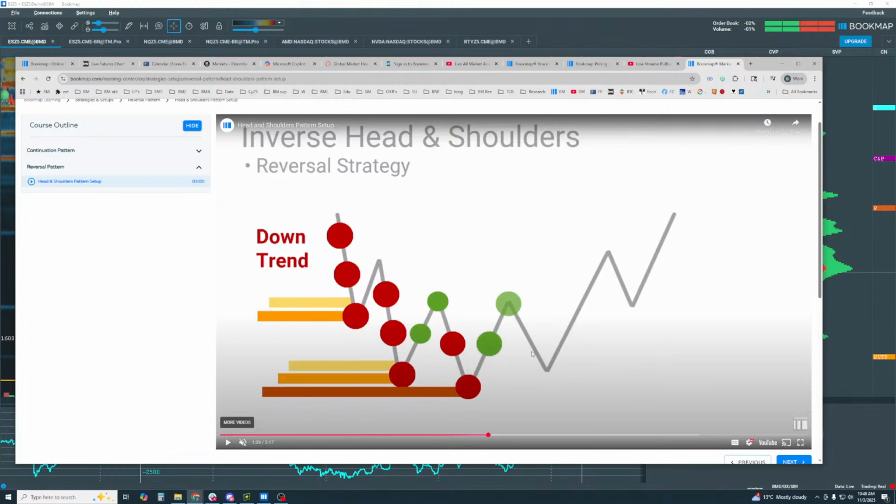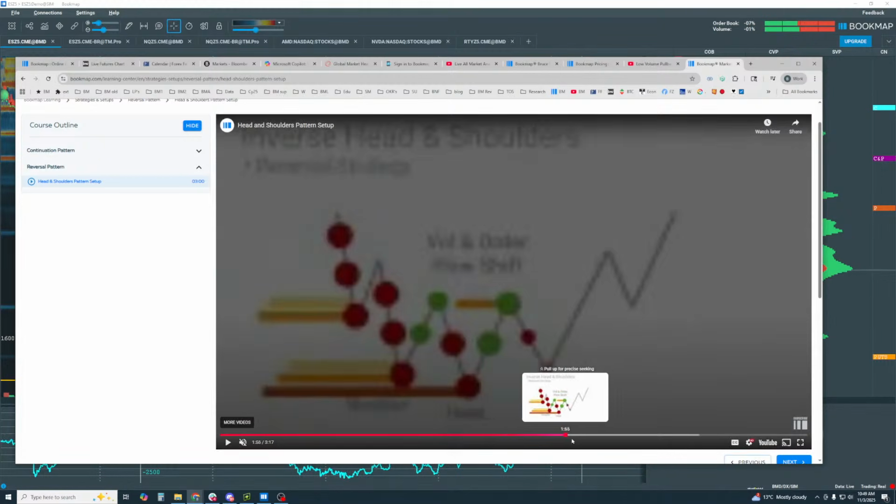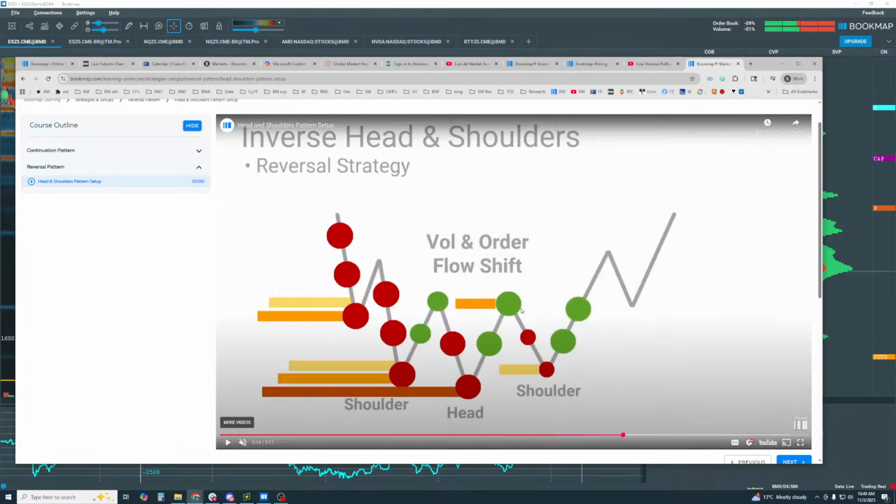And then we're going to be looking for less volume. And we see that order flow shift in here, and there's less selling, and it makes a higher low, and there's more buying coming in. Again, this is what we're looking for, and then we're looking for this structure to break on high volume.